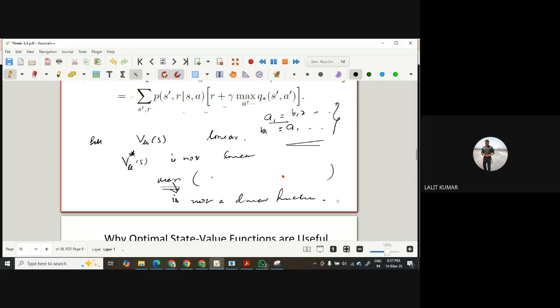But if I have max of this, max of this, max of this, it cannot be linearly solved. I have to find Q1, Q2, Q3 first, and then find whichever is maximum and select that action. So it is not linearly solvable. Yes, sir.